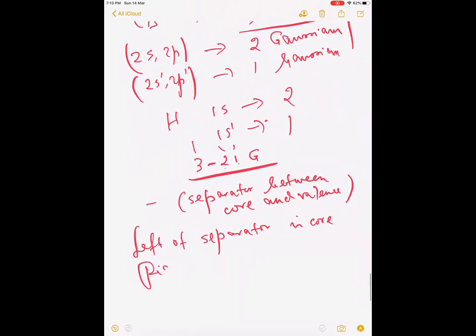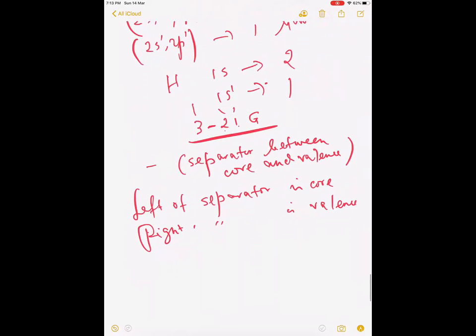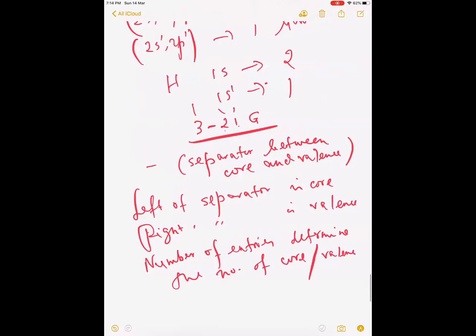The right of the separator is valence. The number of entries, not the actual value, determines the number of core or valence orbitals. I'm only discussing the valence right now. I'm not discussing polarization, diffuse function. We'll see how to do that. So this is the number of entries.